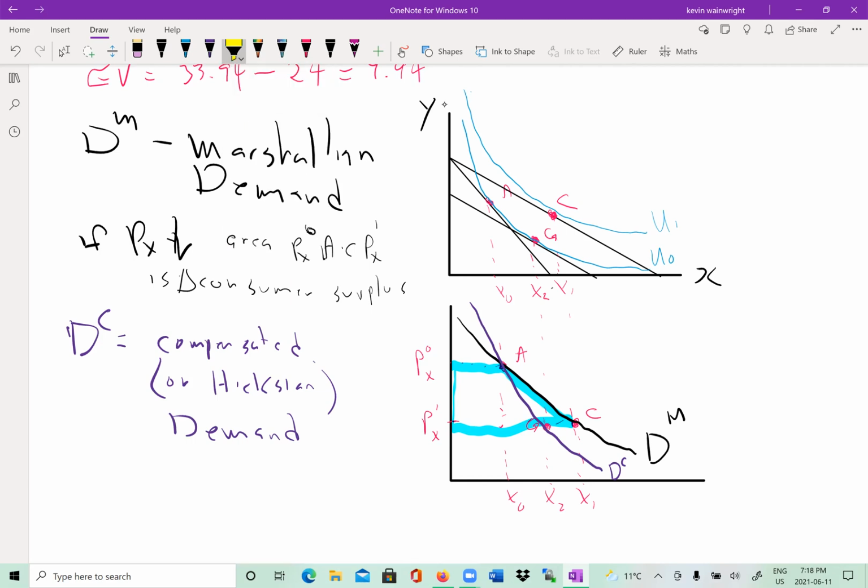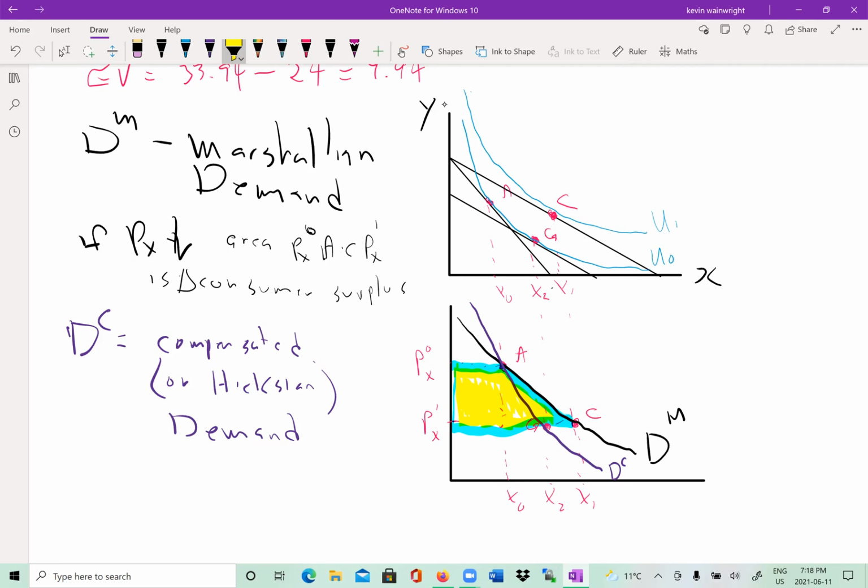So now, when the price of X falls, I move from point A down to point G. I am buying more X, but my utility is staying exactly the same as it is at point A. So point A to point G is same utility, different set of prices.